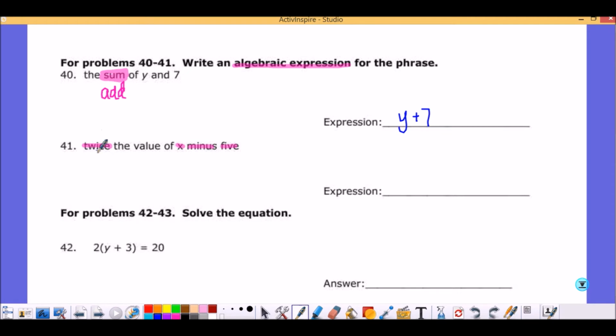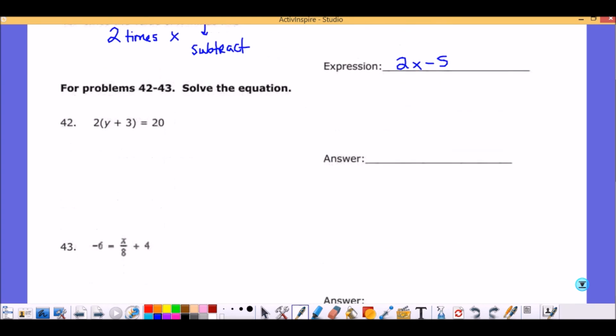So what does twice mean? That means 2 times the value of x. And you remember what minus means? That means to subtract. All right, so now let's write my expression: 2 times x, subtract 5.